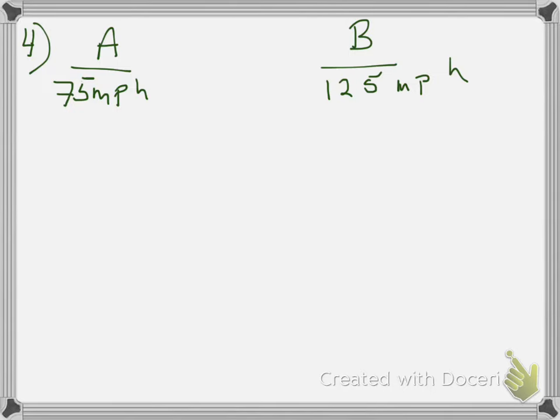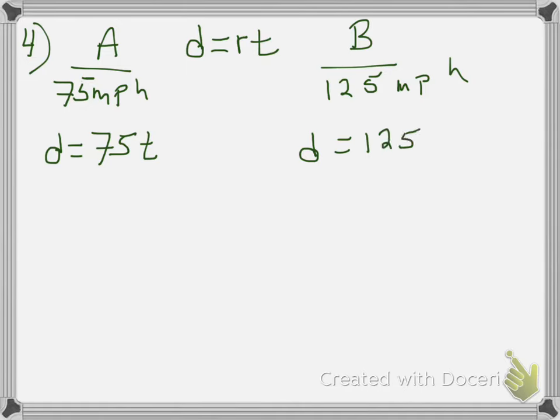Now, it asks how far from the station will the faster train overtake the slower train. Well, let's remember that distance is equal to rate times time. So this first train, its distance is 75t. And for the second train, the distance is 125 times t minus 2.